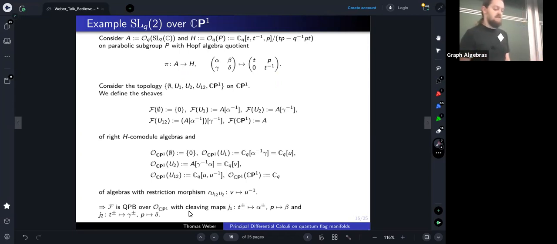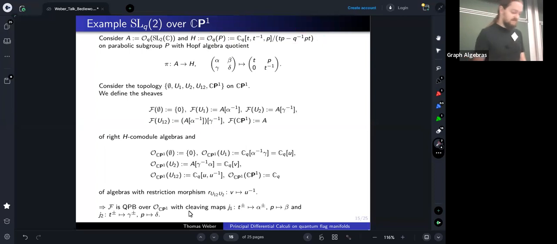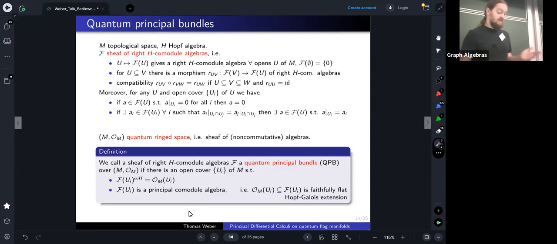You take the upper triangular matrices as an algebra, here is the quotient Hopf algebra. This is how it looks like. And now we would like to see this as a quantum principal bundle on the sheaf level. So we need an open cover and then prove that those two properties are satisfied.